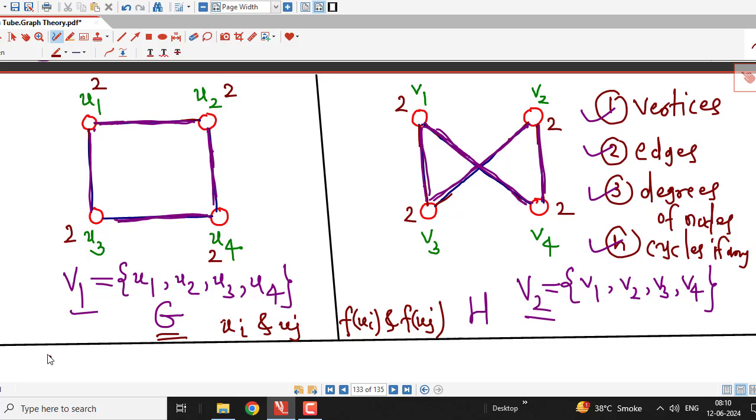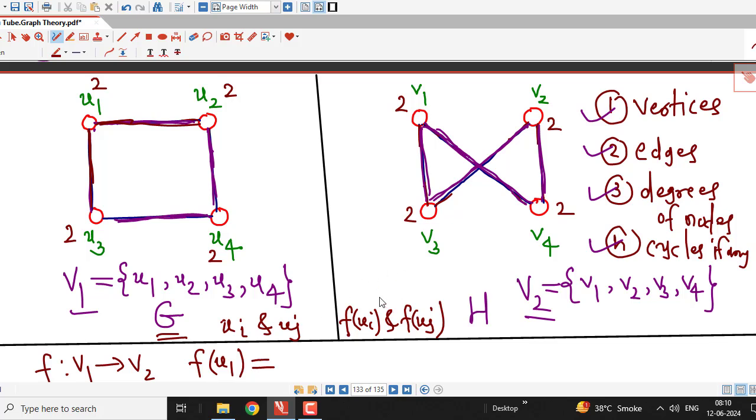So suppose I am interested in that function from G to H. I will start with the image of the first vertex u1. What I have to take care of is that here u1 is adjacent with 2 vertices, u2 and u3.